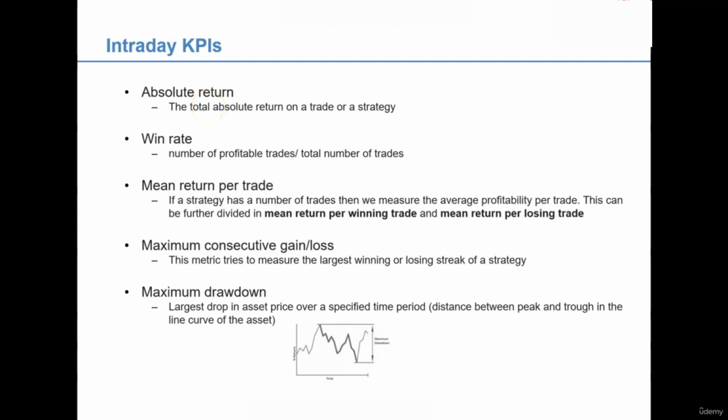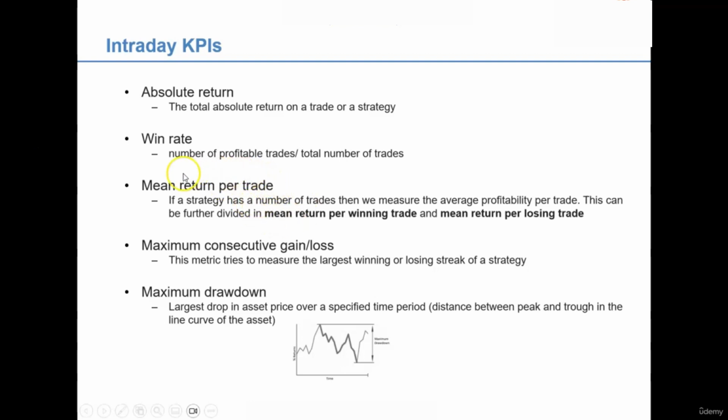Then the next KPI is mean return per trade. I consider this KPI as probably the most important KPI, because it tells us how impactful the signals of my strategy are. Again, calculating this is not difficult at all. We simply consider all the returns given by every single trade and then we calculate the average per trade.